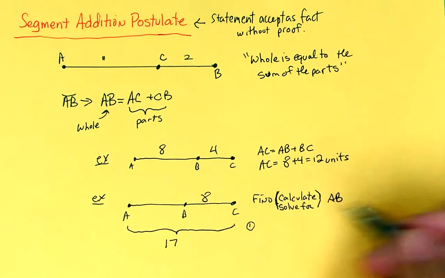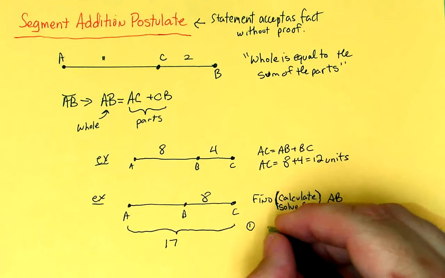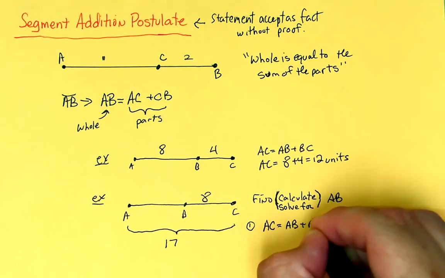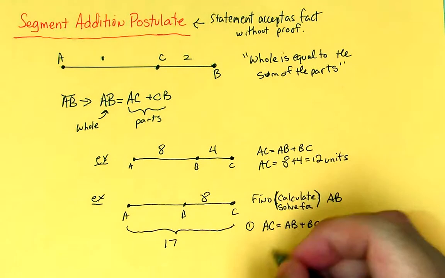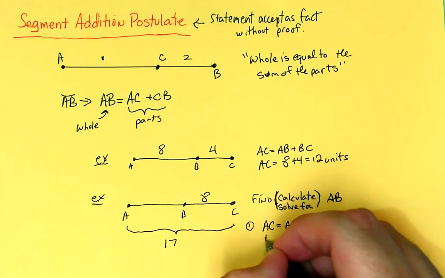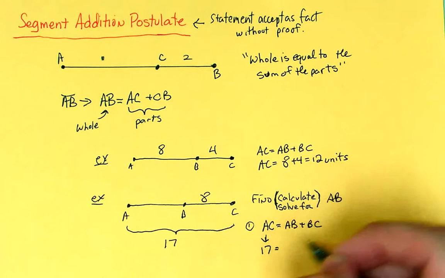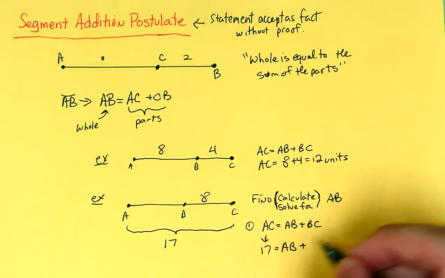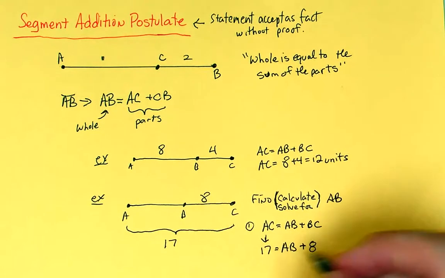First thing you do is set up the segment addition postulate. AC is equal to AB plus BC. Now we do substitution. AC is 17. AB, we don't know. BC is 8.